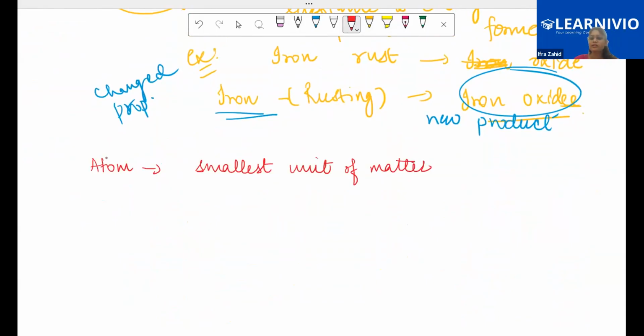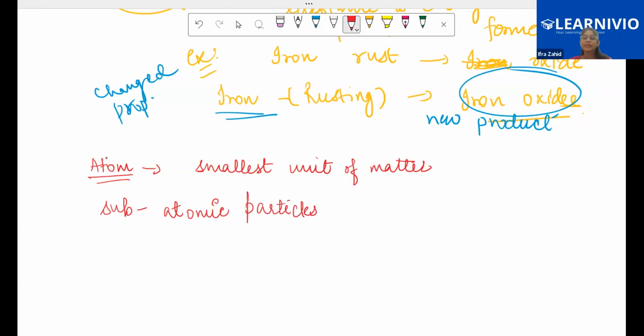Okay, that's atoms. Now, subatomic means something which is at a lower level than the atoms. Sub means a part of atom, right? So subatomic means there are certain more elements which are present inside the atom. So they are called subatomic particles.